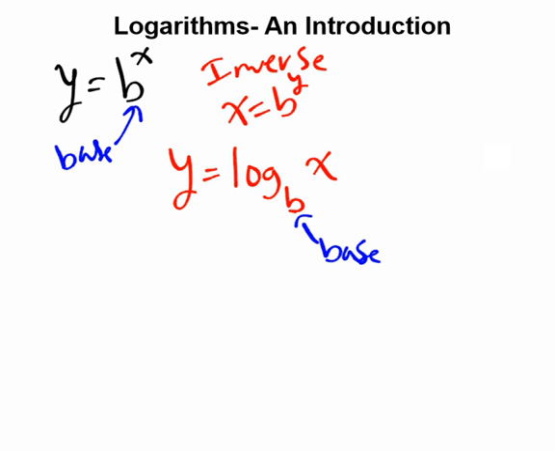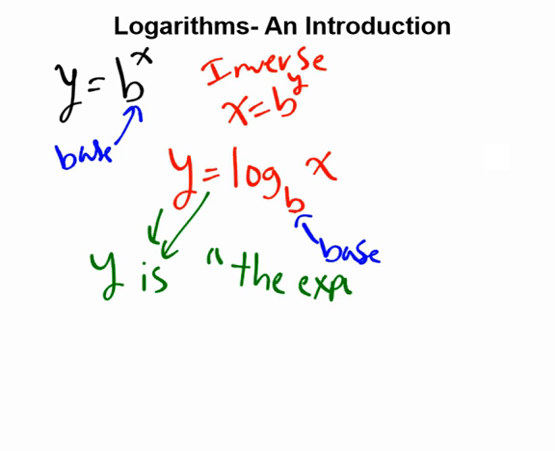Now how we read this log equation here is this part would be read as y is, this log piece we'll write as the exponent, and then we'll say on b, exponent on b that gives x.